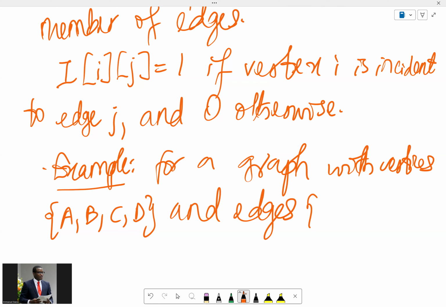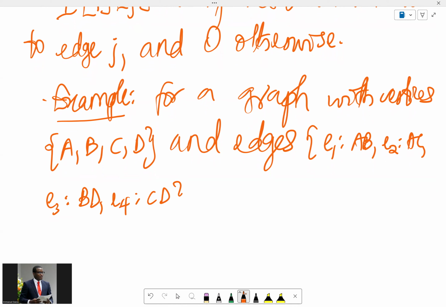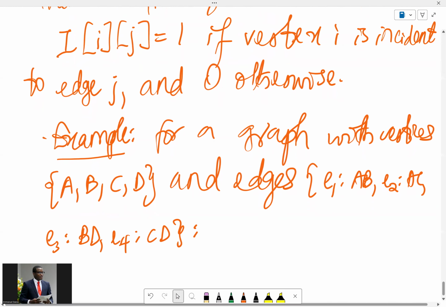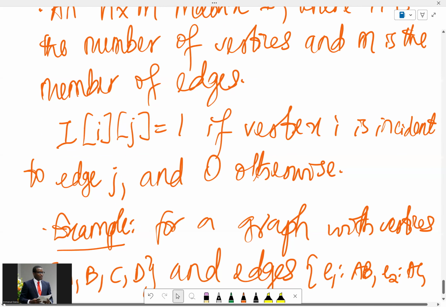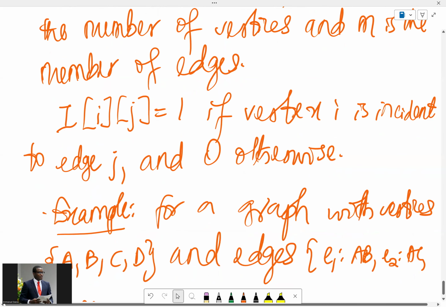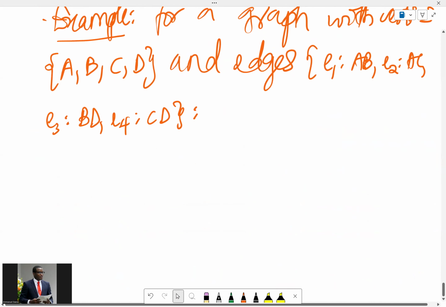Say edge E1 is AB, edge E2 is AC, edge E3 is BD, and edge E4 is CD. How do you represent that? So for a graph with vertices A, B, C, D, don't forget, if vertex i is incident to edge j, then Iij will be one, otherwise it will be zero.